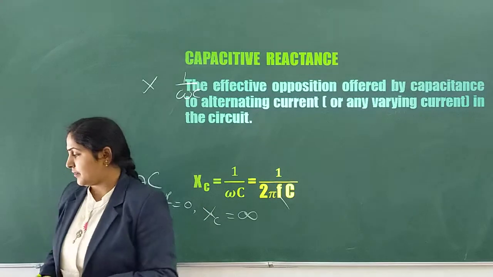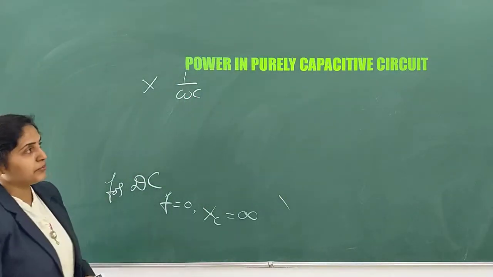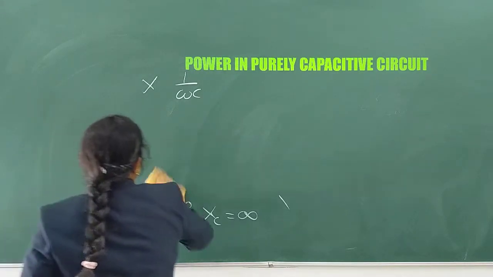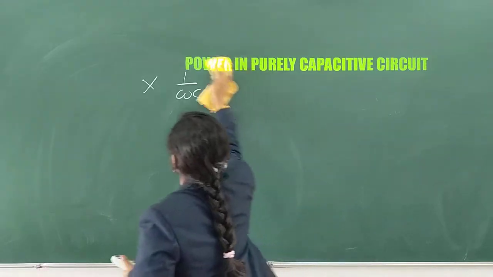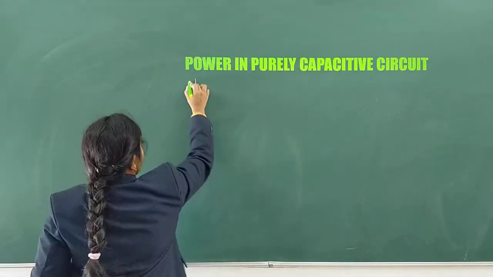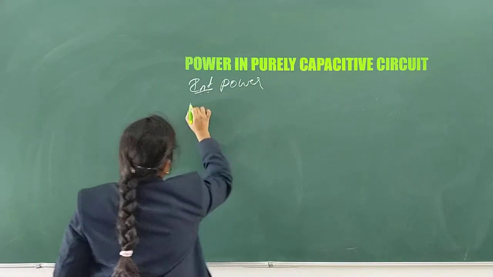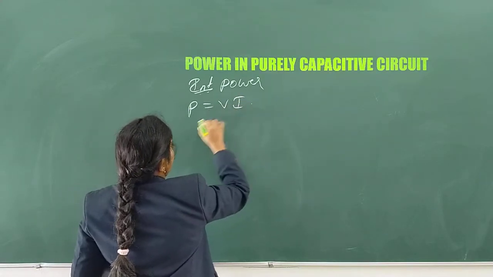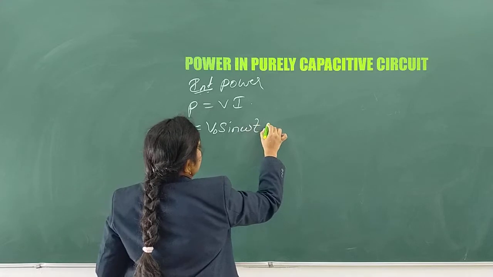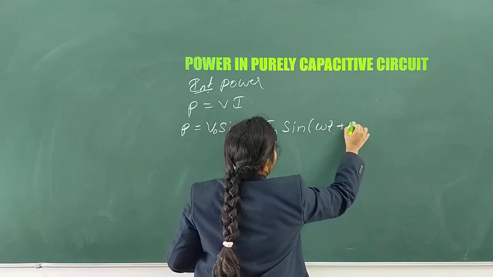Okay, and let's see the power in a purely capacitive circuit. Here also, similar to the inductive circuit, the average power over one complete cycle is 0, because instantaneous power is given by the product of V and I. So V is equal to V naught sin omega t and I equals I naught sin (omega t plus pi by 2).